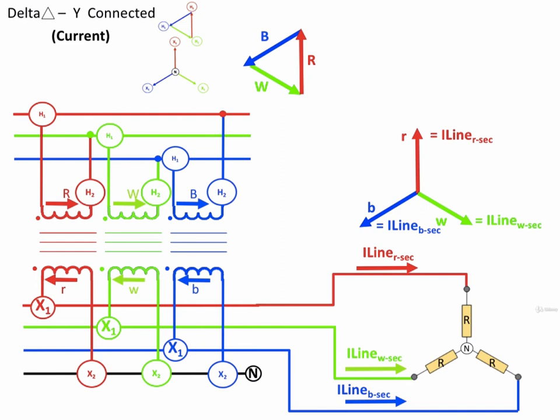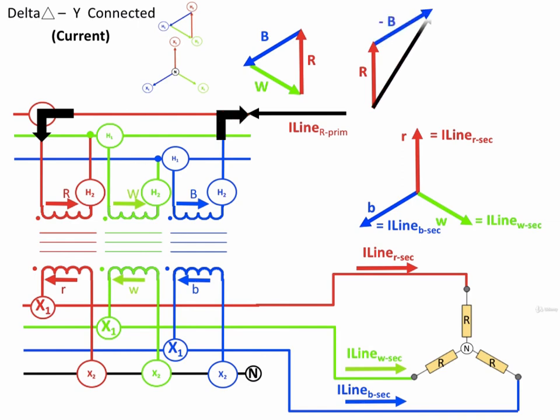So once the load is connected to the secondary, it will draw current from the primary lines. Looking at the red phase line, for example, it will be made up of the current flowing in the red phase transformer winding minus the current flowing in the blue phase transformer.